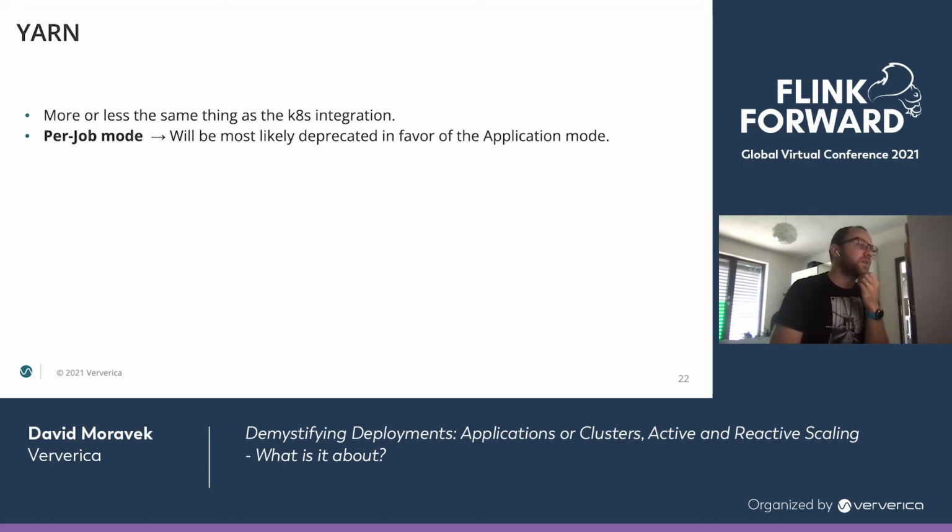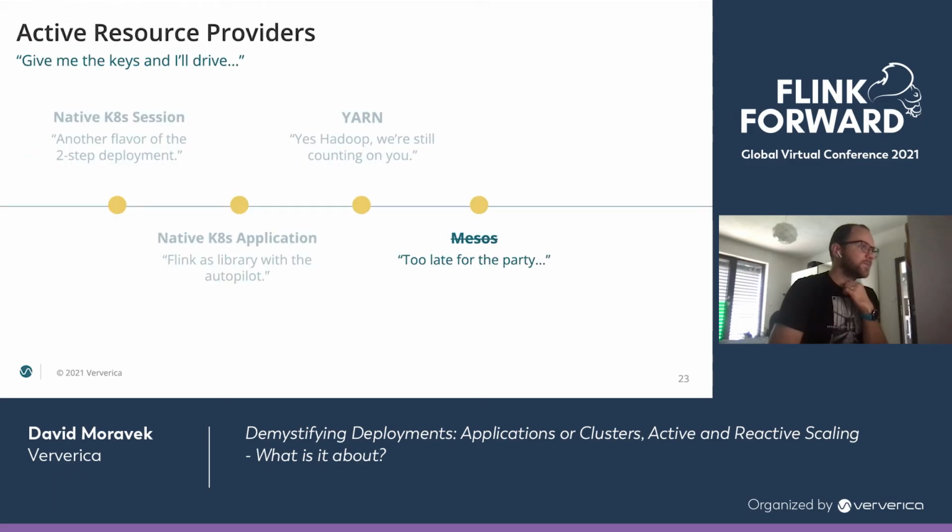And it will most likely be deprecated very soon in favor of the application mode. So if you're just starting with your deployment on Yarn, I would recommend going for the application mode instead. And I would like to thank Cloudera for taking over the maintenance of the Yarn integration. This is something fairly new, and we are very excited about it.